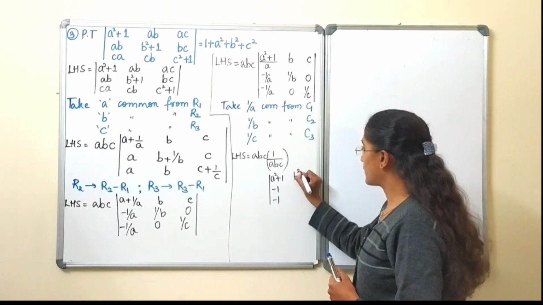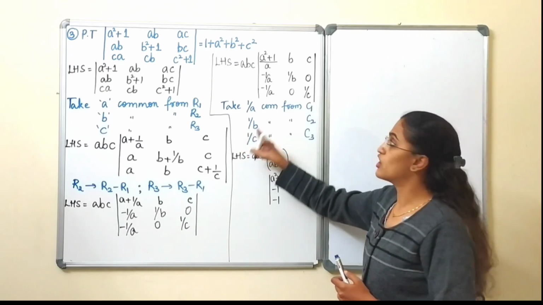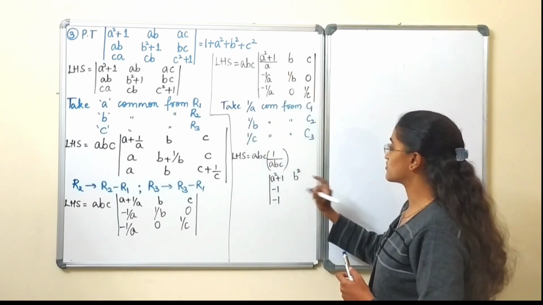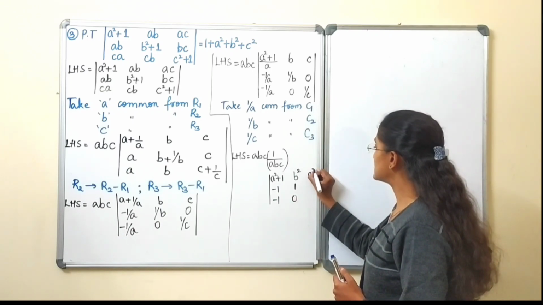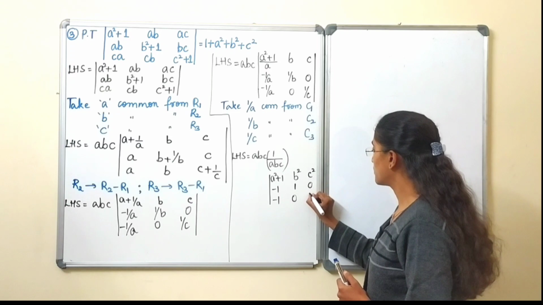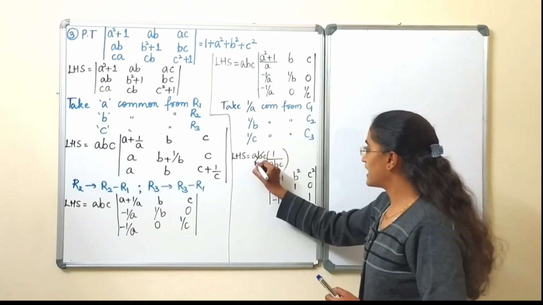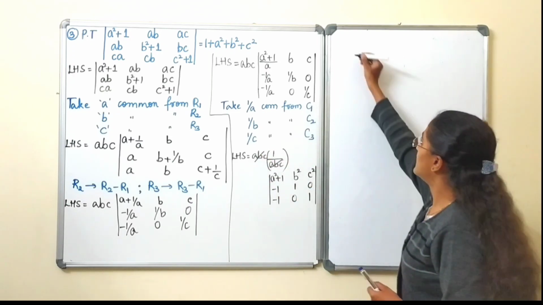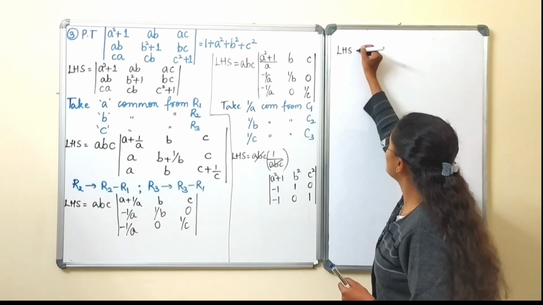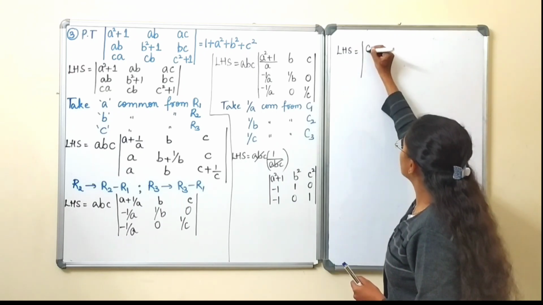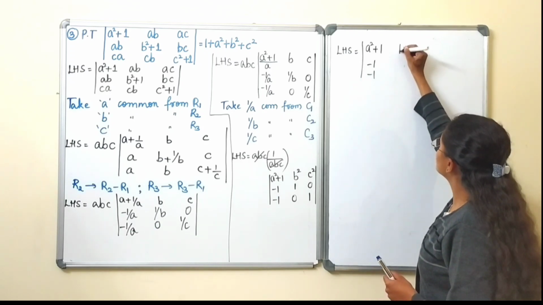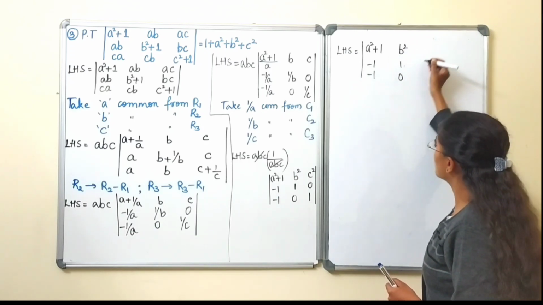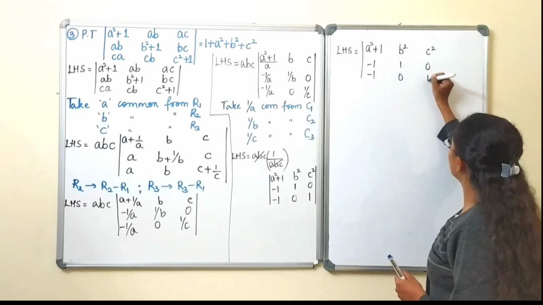B square, when you are taking out 1 by B common, B will be B square, and hence here 1 0, C square 0 1. Now ABC gets cancelled, and LHS now will be left with A square plus 1, minus 1, minus 1, B square 1 0, C square 0 1.